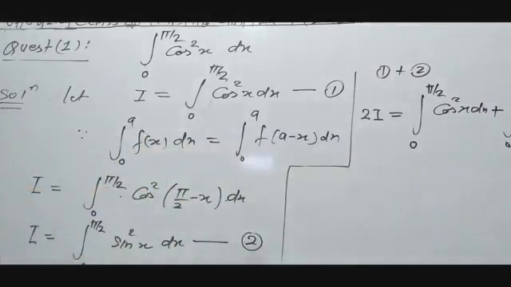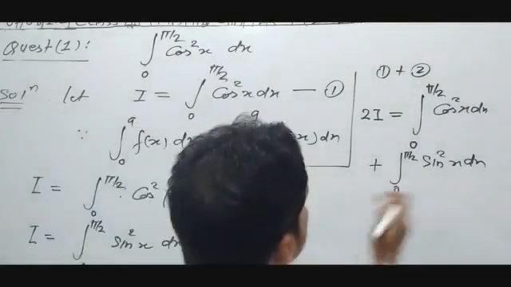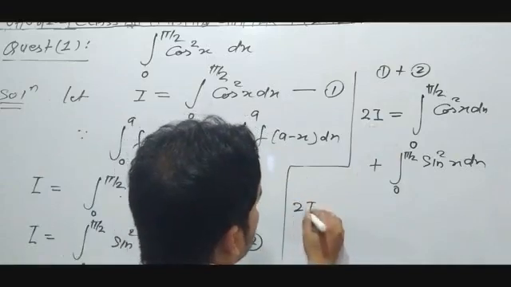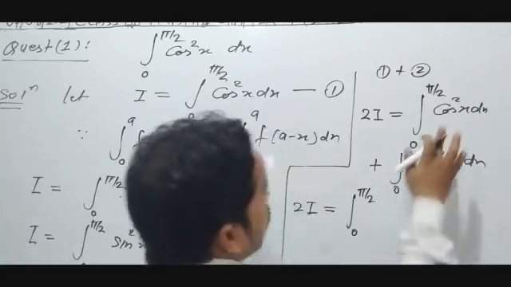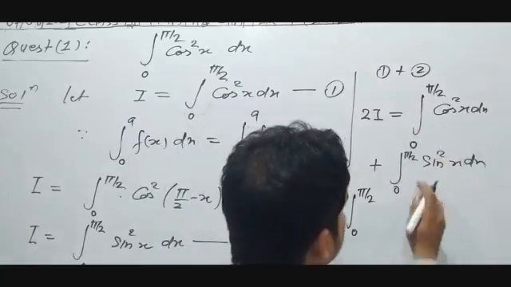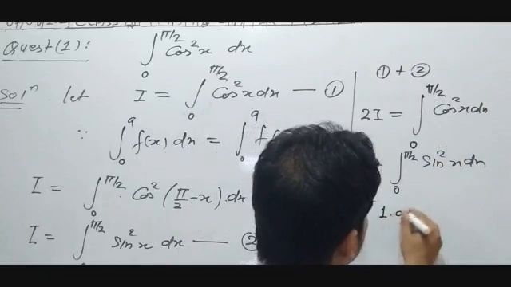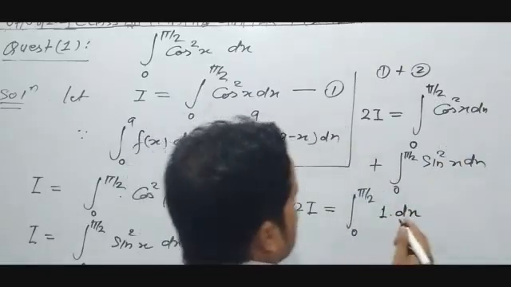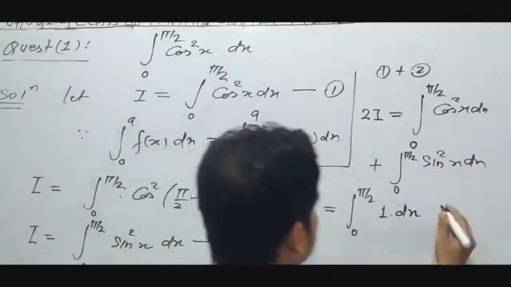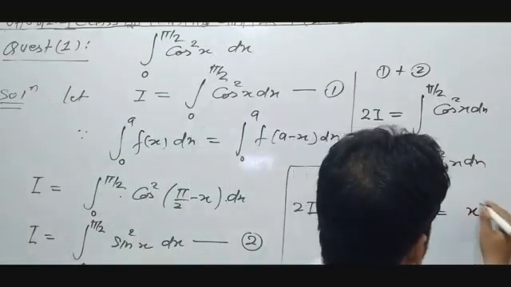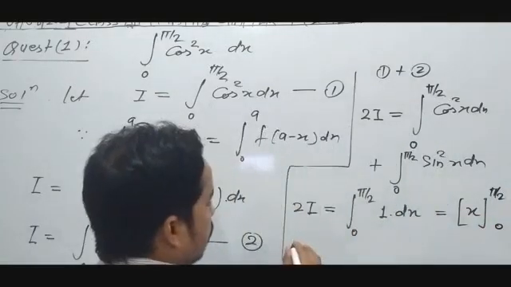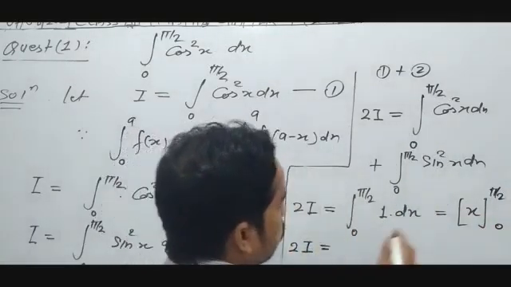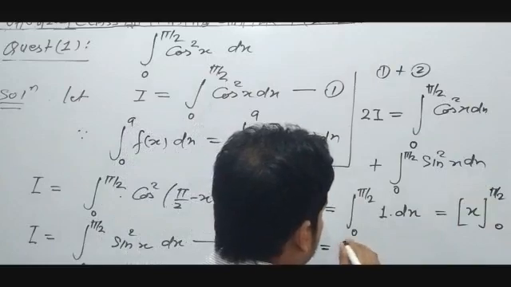So 2I is equal to integration over 0 to pi by 2 cos square x plus sin square x, and when you add, the result will be 1, dx. Its integration will be x, so this is x in square bracket 0 to pi by 2, and the result will be 2I is equal to pi by 2 minus 0.